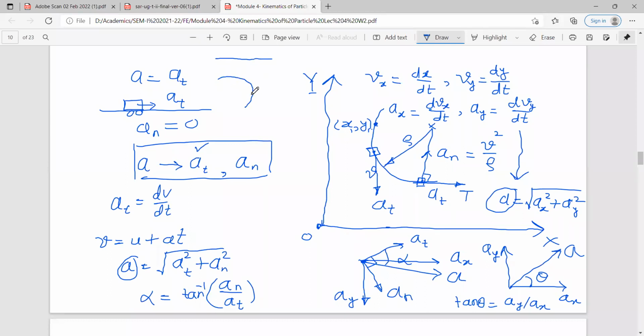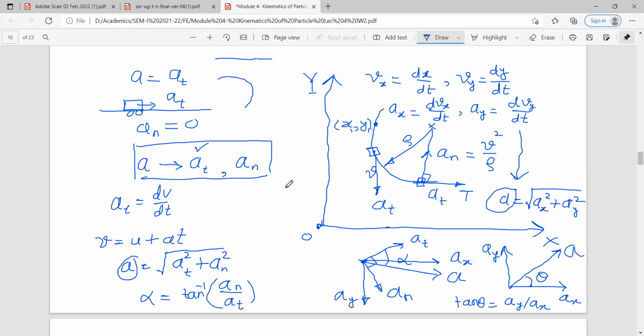In curvilinear motion, you have two components of acceleration, tangential and normal. Tangential component is along the direction of velocity, and normal component is along the direction of the radius of the curved path.